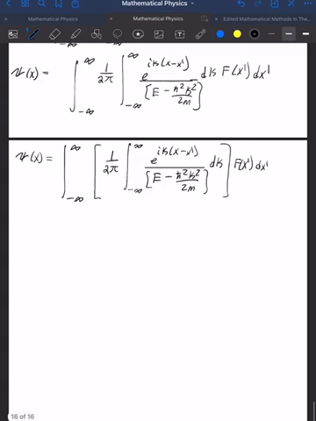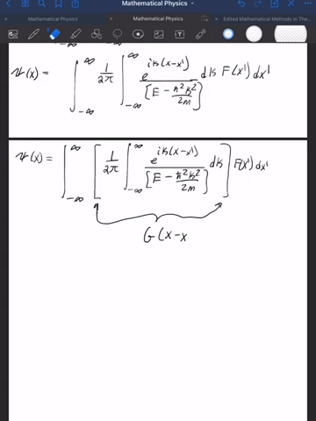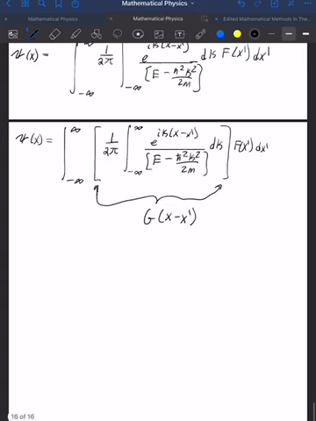Okay, this is what's called a Green's function, and we denote it G of x minus x prime. And so, what we're left with, this integral here, 1 over 2 pi times the integral from minus infinity to infinity of all of that, this here, this is called a Green's function.